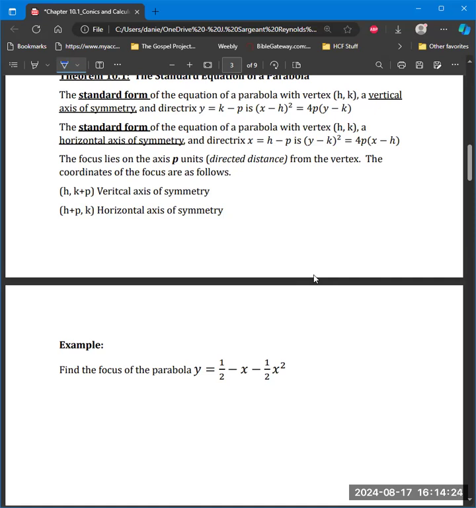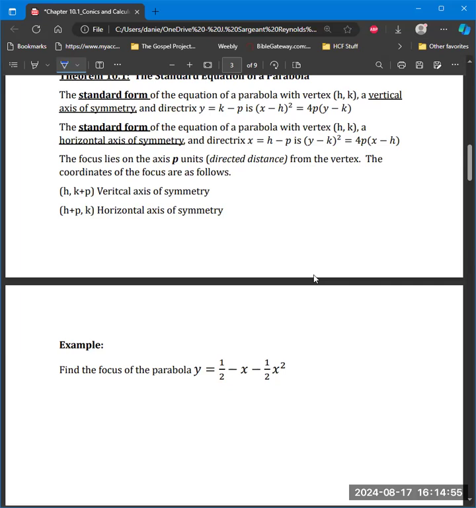The focus lies on the axis of symmetry, p units, where p is a directed distance. We'll call that a vector later, so that if p is positive and you are in a vertical axis of symmetry situation, it's going to be up away from the vertex in the positive y direction.